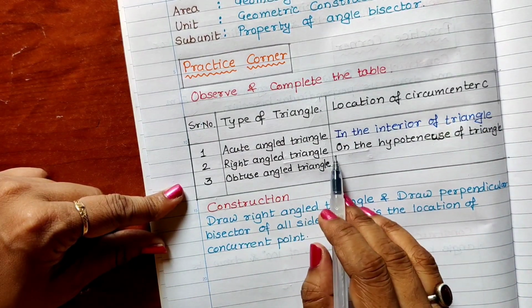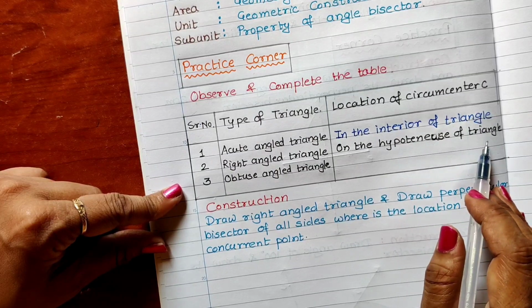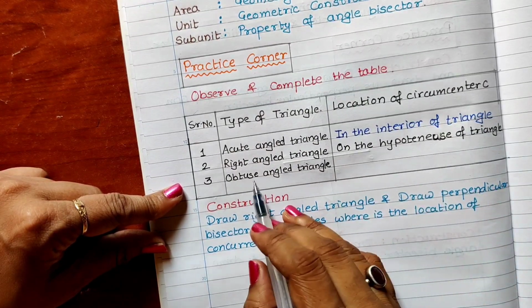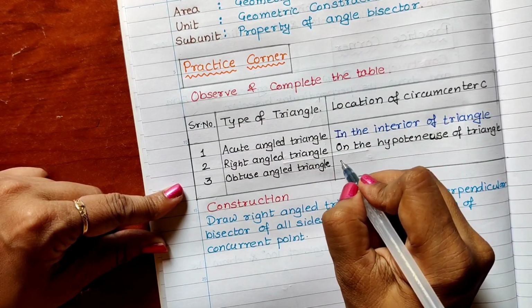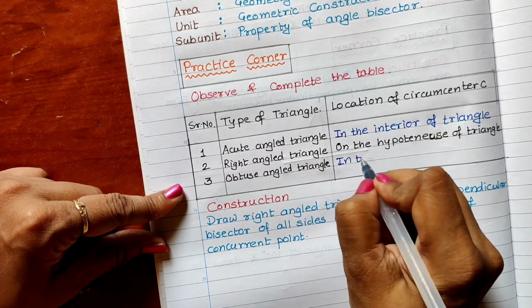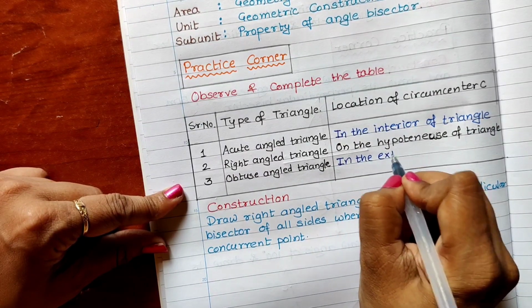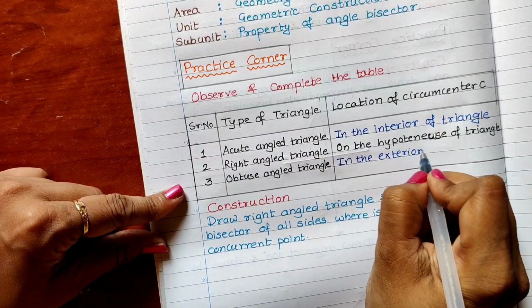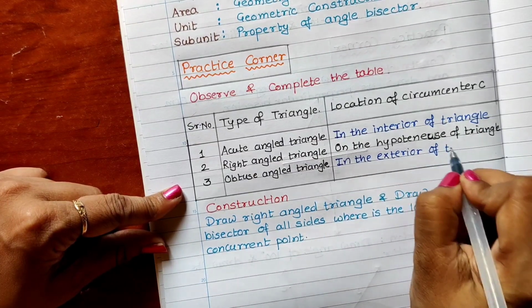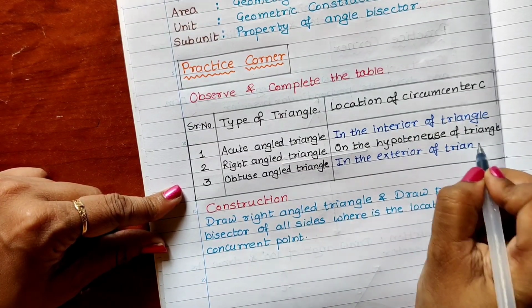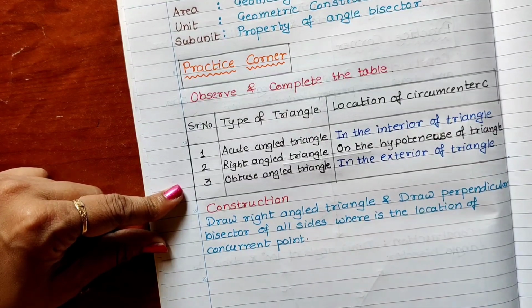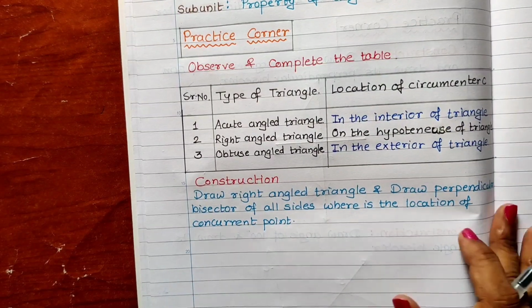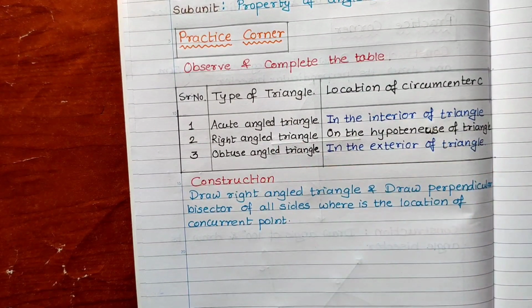In right angle triangle, the location is on the hypotenuse of the triangle, it is already given. And in obtuse angle triangle, it is in the exterior of the triangle. So in this way you have to complete this table.